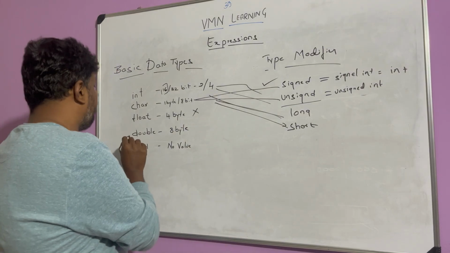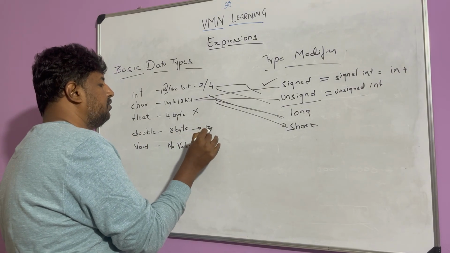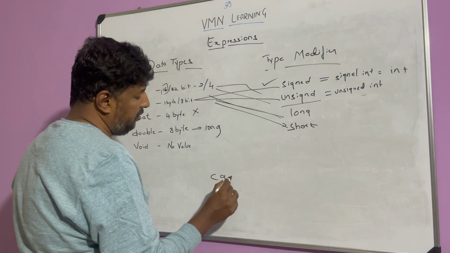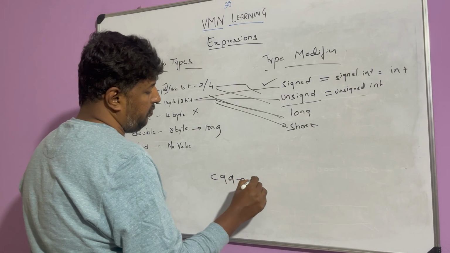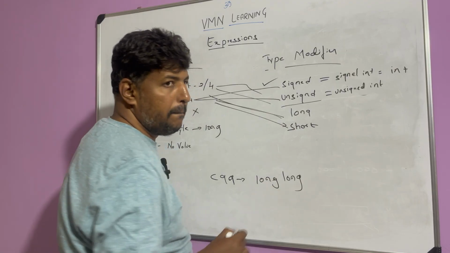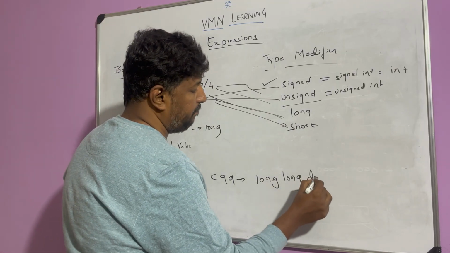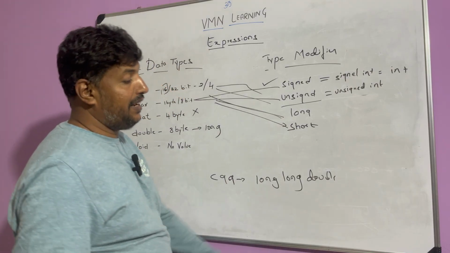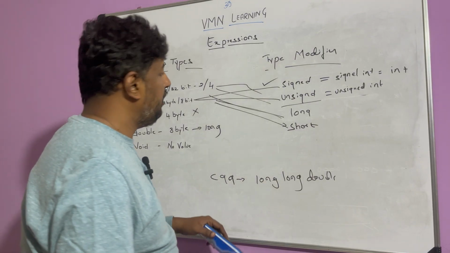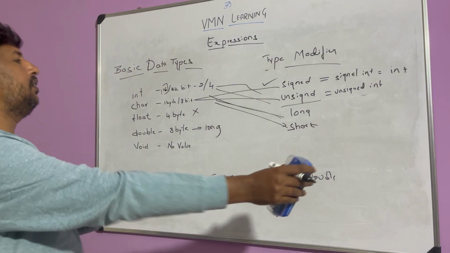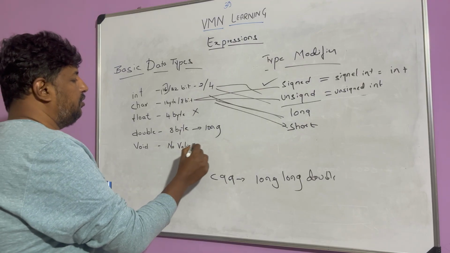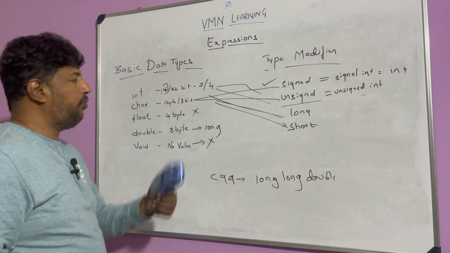For double we can only use long, and in C99 we can also use long double, which is going to be a very large number, just imagine. Void has no type modifier.